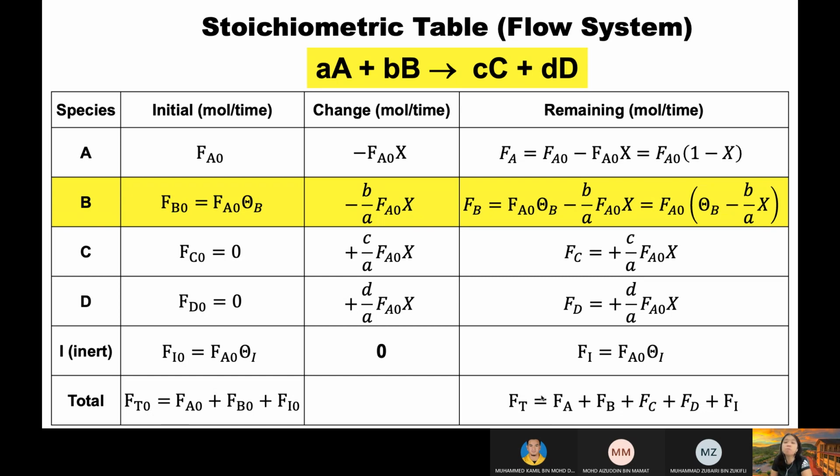Subsequently, remaining pun sama. You have to calculate. You have to jumlahkan molar flow rate of A, molar flow rate of B, molar flow rate of C, molar flow rate of D. Then you will get the total molar flow rate for the whole system. Okay. So done on stoichiometric table.